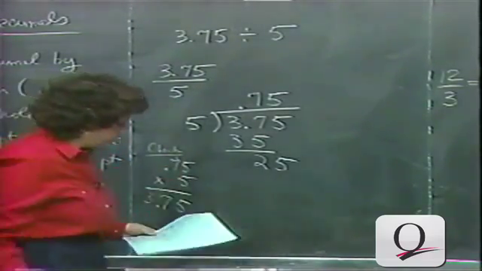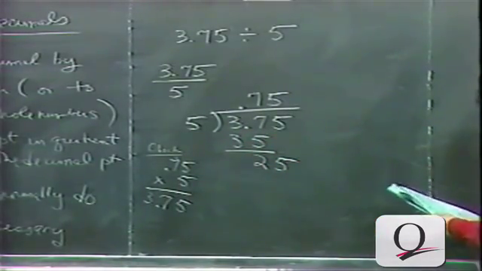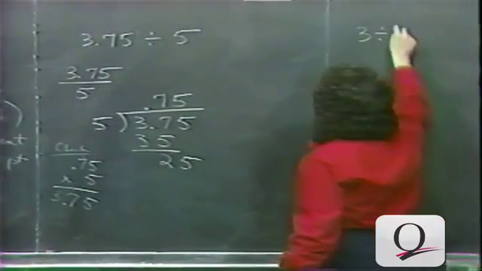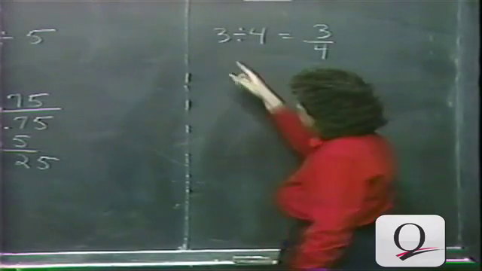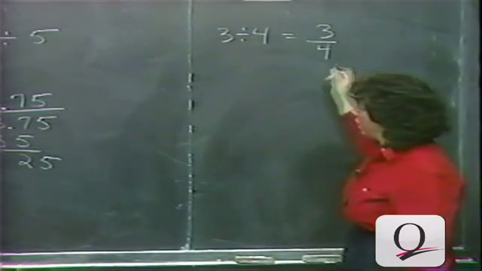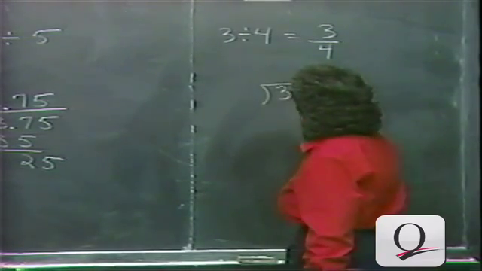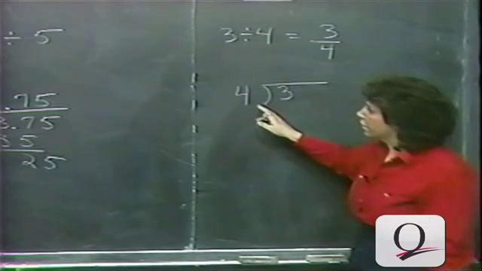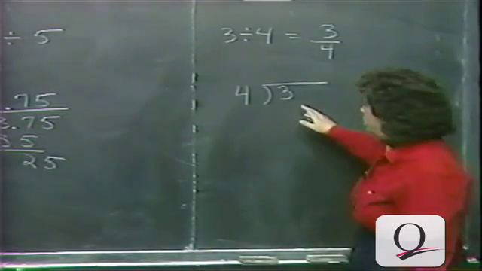Here the numerator was a decimal. However, it can also be done where the numerator is a whole number as well. 3 divided by 4, or 3/4, okay, would mean 3 divided by 4. Now, we're to put the decimal point in the quotient directly above the decimal point in the dividend.